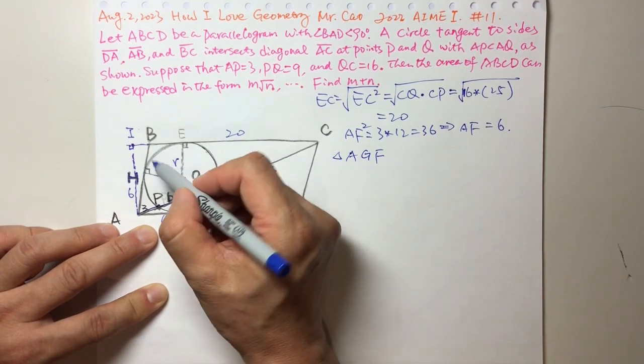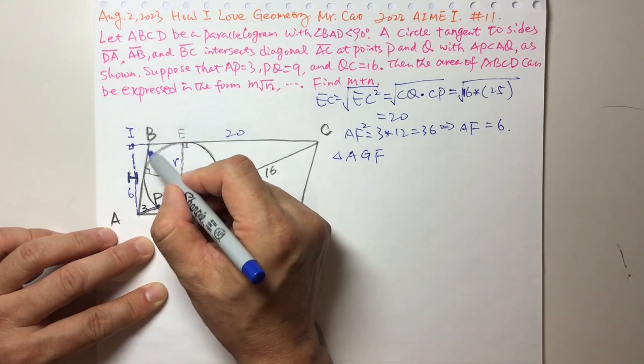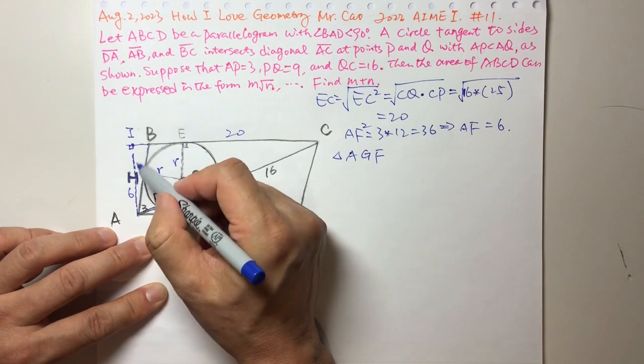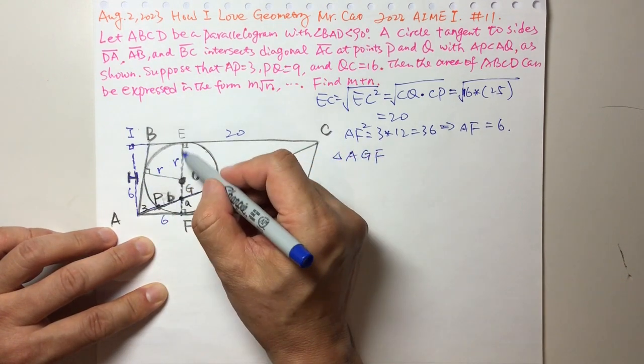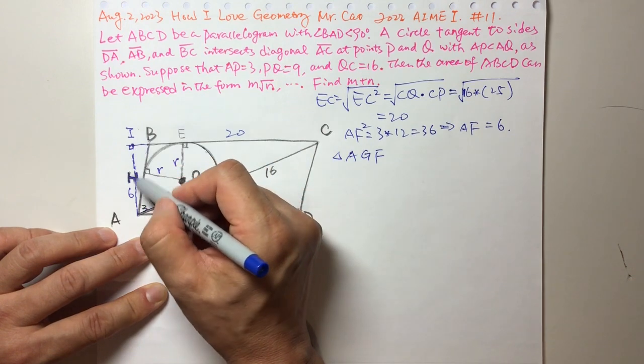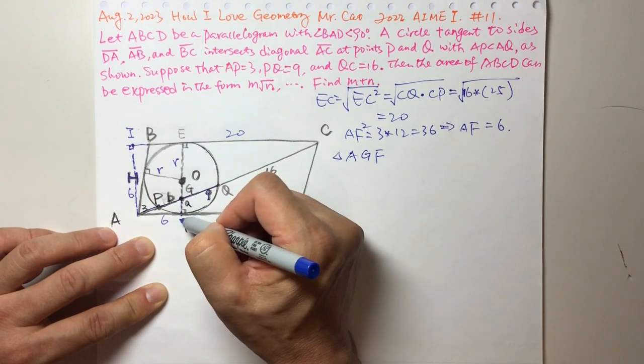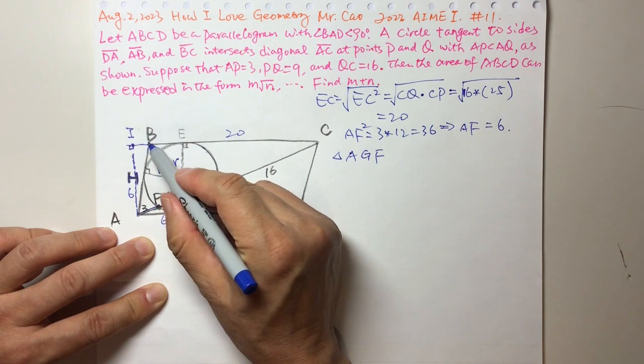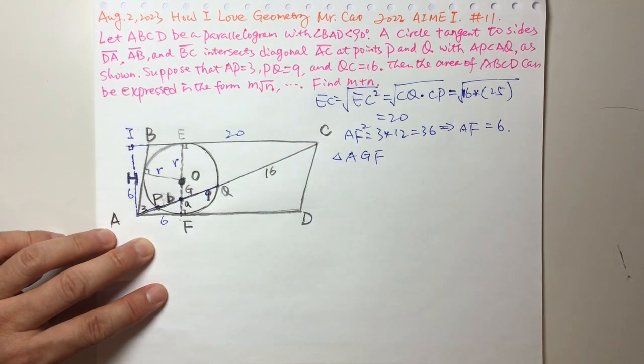If we find the R, we find AB. If we find AB and the R, then we know AI equals EF. Then we can calculate BI. That's the main idea, right?